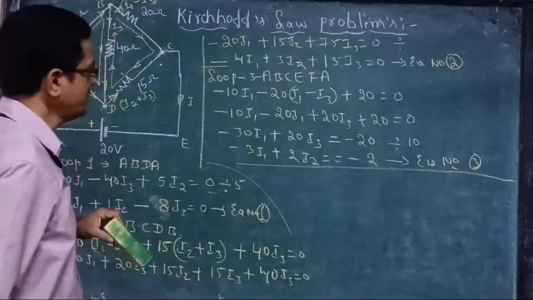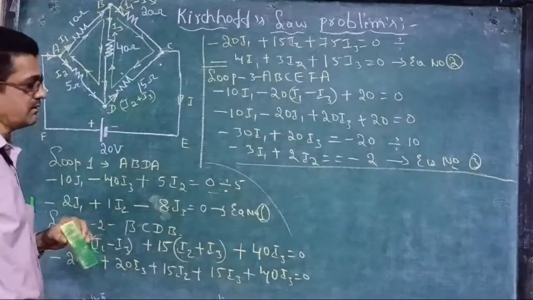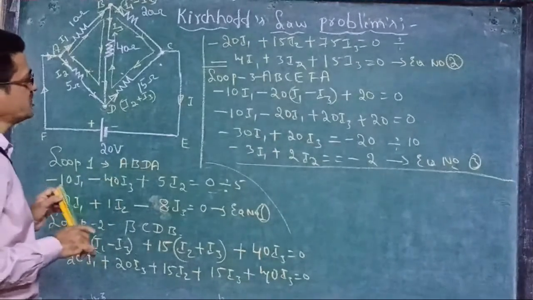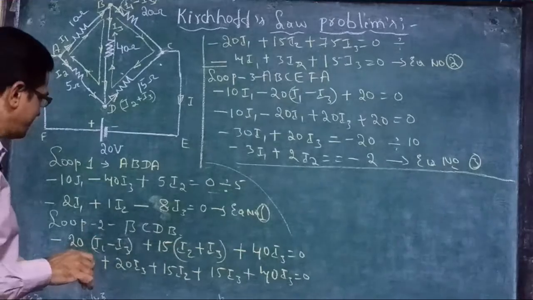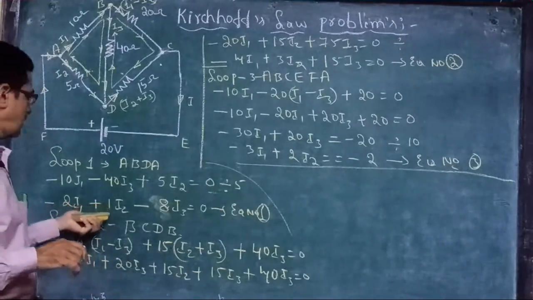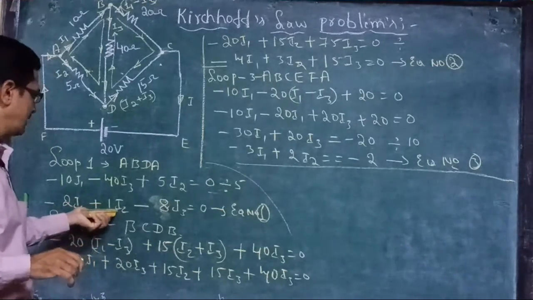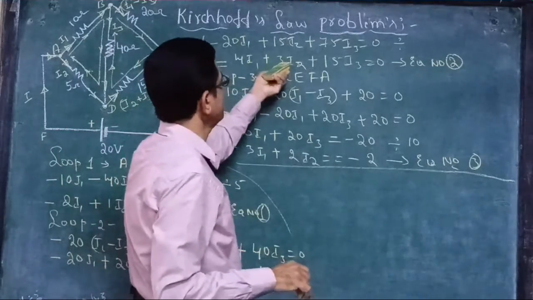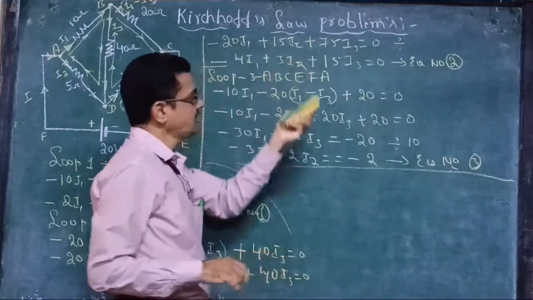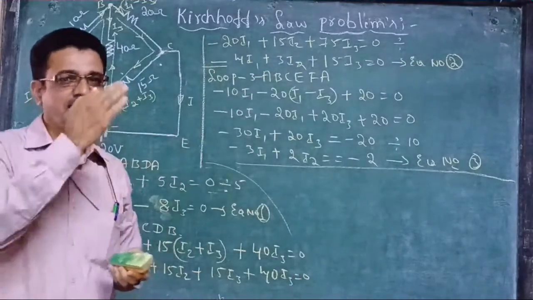So then here we should substitute. Before we substitute, we should cancel the I2 values. Here in the first equation, the I2 coefficient is 1. Here the I2 coefficient is 3. So the I2 value must be cancelled.